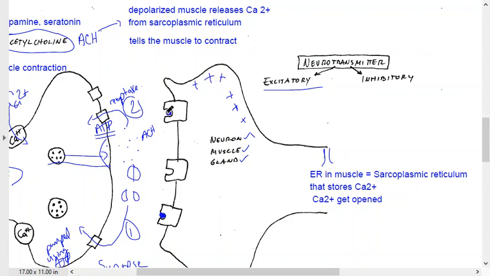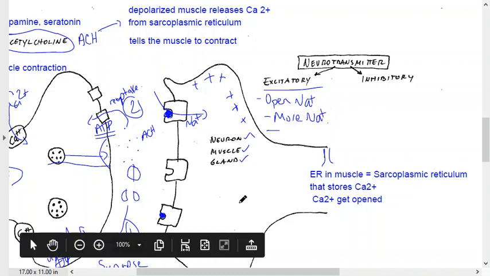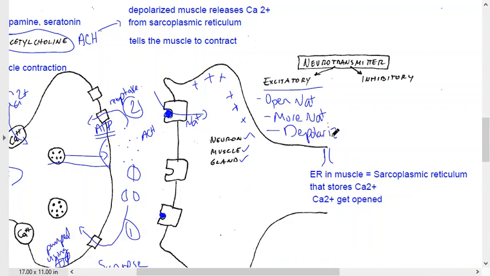And in this most recent example, we had sodium coming in, right? That was the response when the neurotransmitter, the ligand, bound to this ligand-gated sodium channel, right? So over here, you can say that this would open sodium channels. This leads to more sodium in the cell, and this causes the postsynaptic neuron to depolarize. And this is what we talked about in the last video.